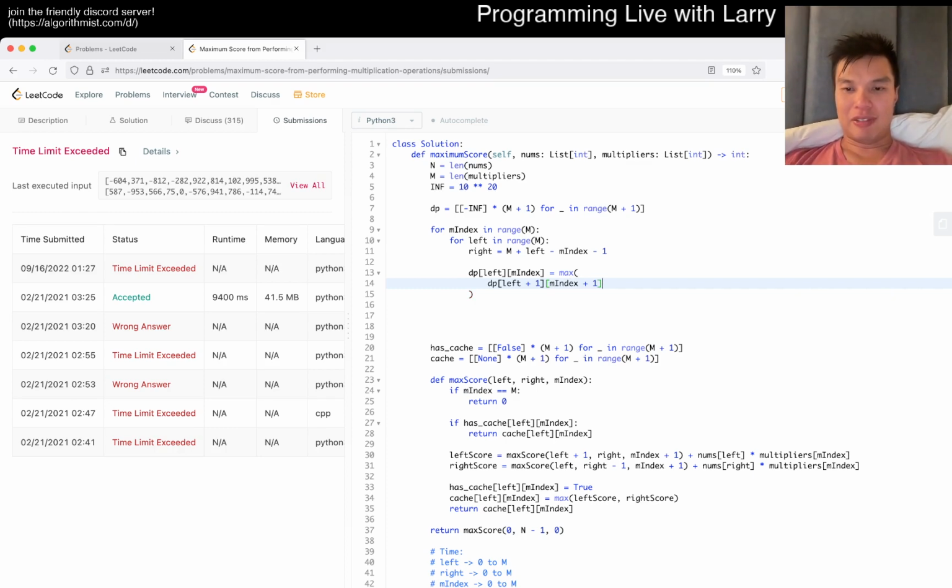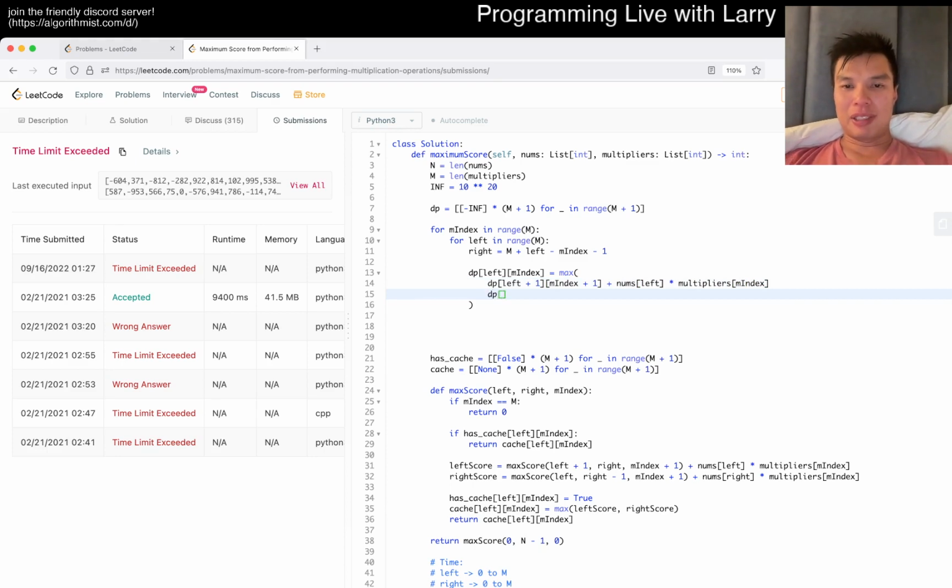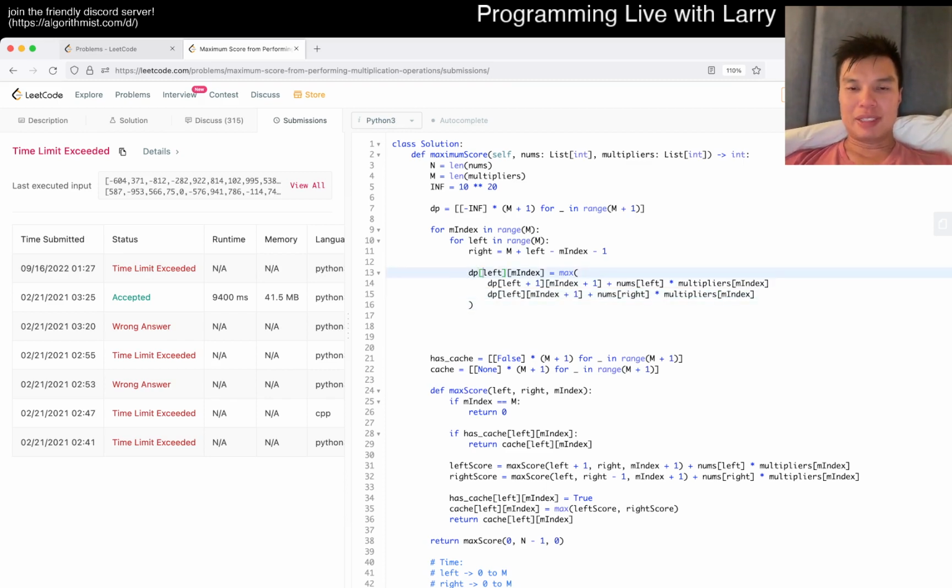I guess we don't need the right. Oh, I guess we do need the right to make it easier. We'll clean this up in a little bit, because we're doing it the other direction, which is a little bit awkward for sure, or at least not right. Okay, right, so that means this plus 1.